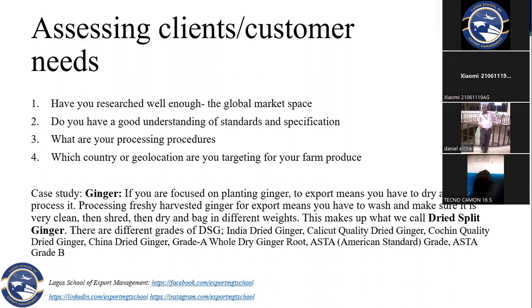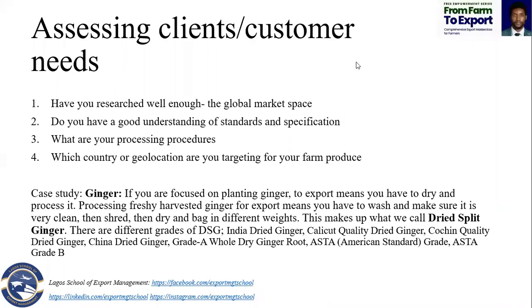So, two, do you have a good understanding of standards and specifications? Like, for instance, in the ginger case study that I put here, that we can learn from also. If you are focused on planting ginger, for instance, there are some environments in the south where ginger is very good to plant.